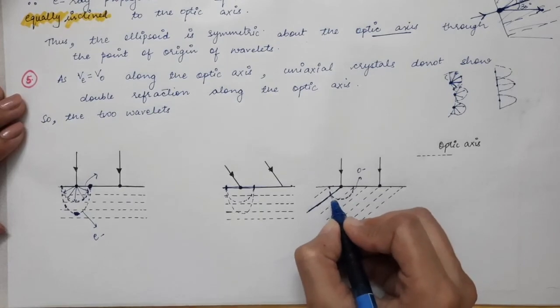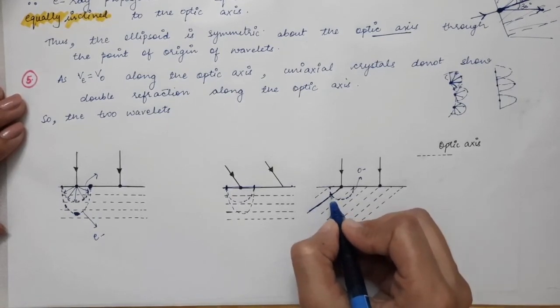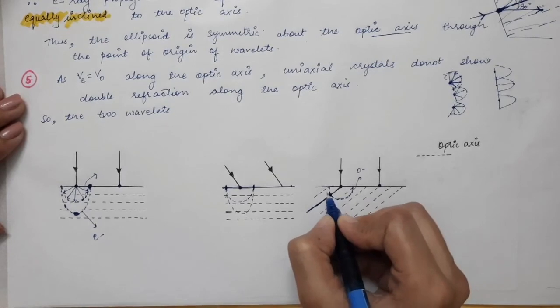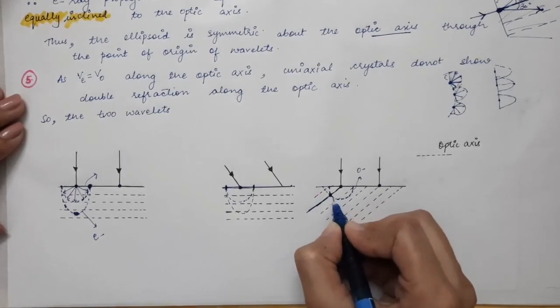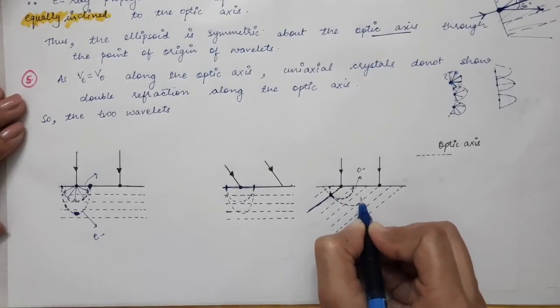This point lies on the optic axis, so at this point the two wavelets must touch each other. So how do we draw the ellipsoid in this case? The ellipsoid will be drawn in this manner.